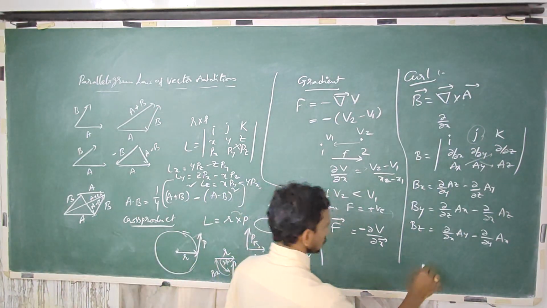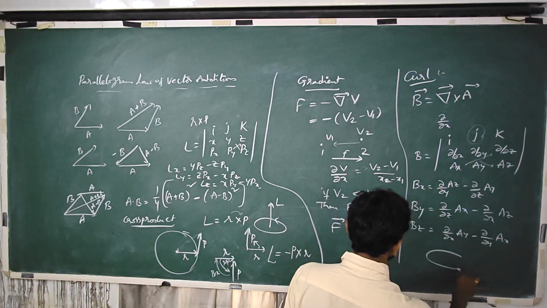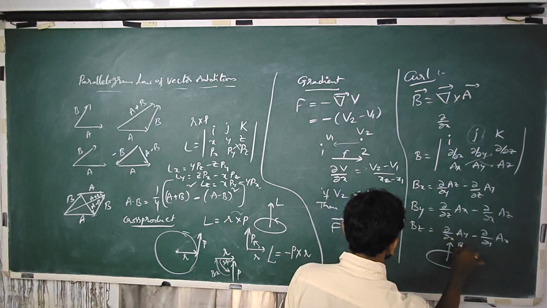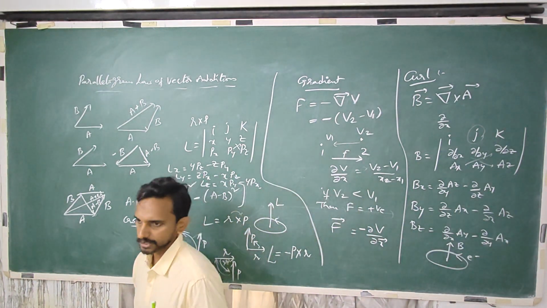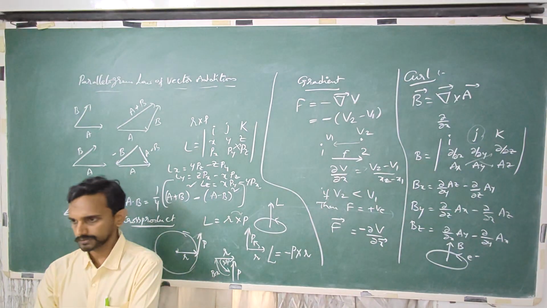If a charged particle moves in a circular path, it produces a magnetic field perpendicular to the plane of rotation.